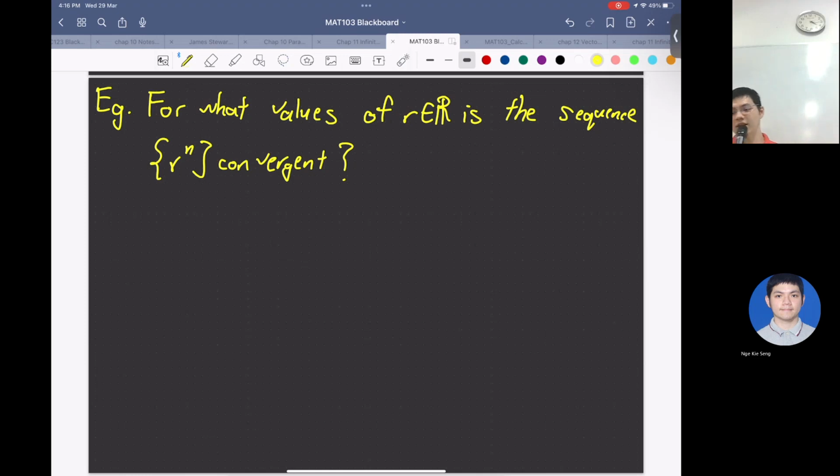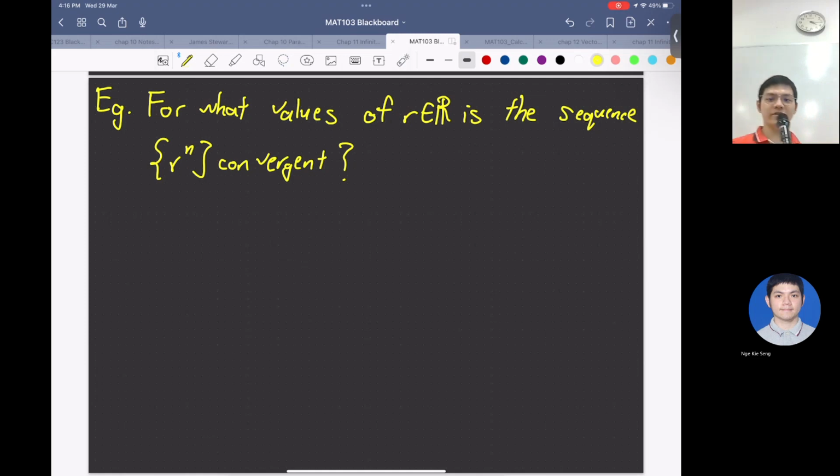This kind of question is very helpful if you start with some particular examples. You can pick r equal to 0, r equal to 1, -1, those that are easy to calculate first, and then try and figure out if there's any pattern hiding inside.